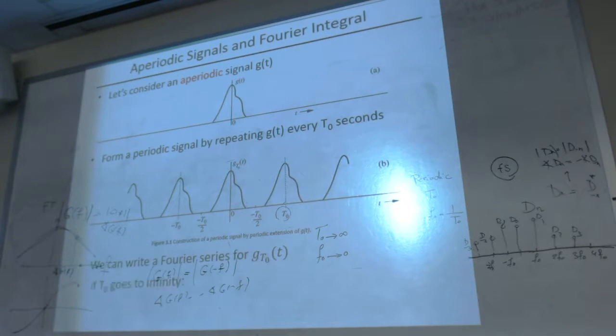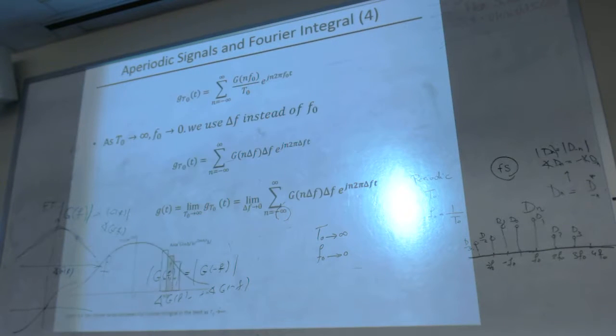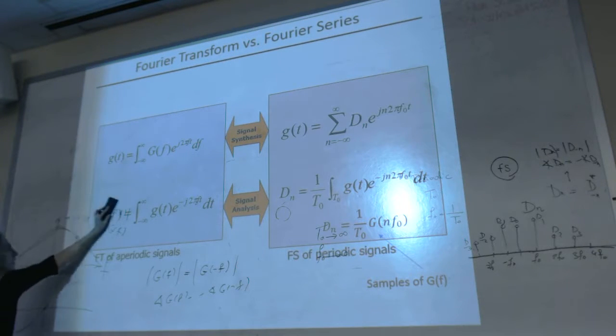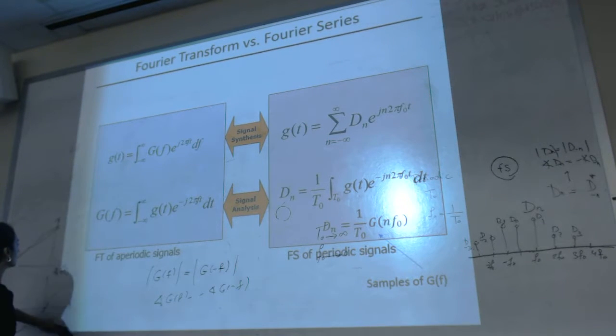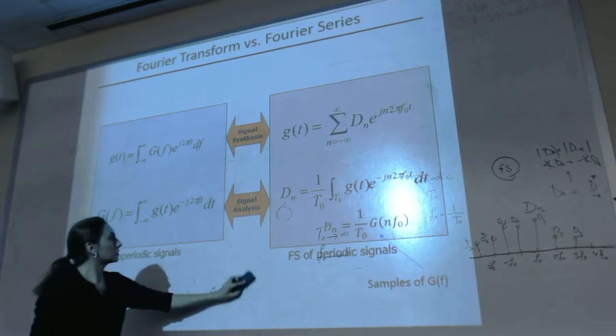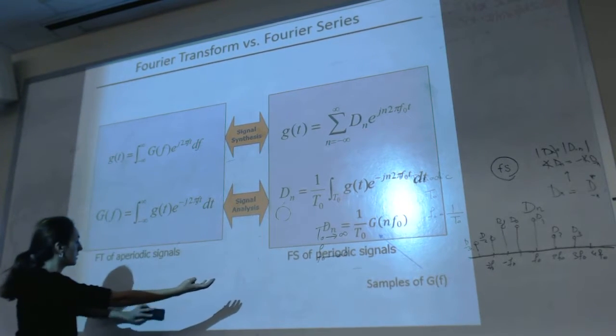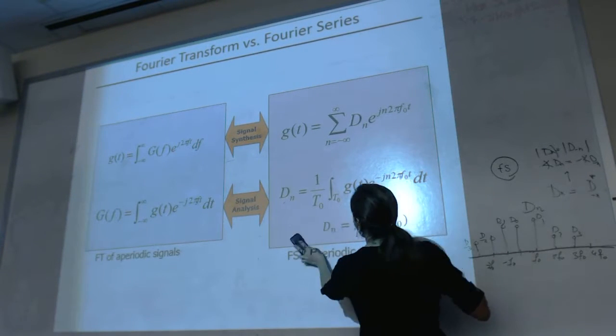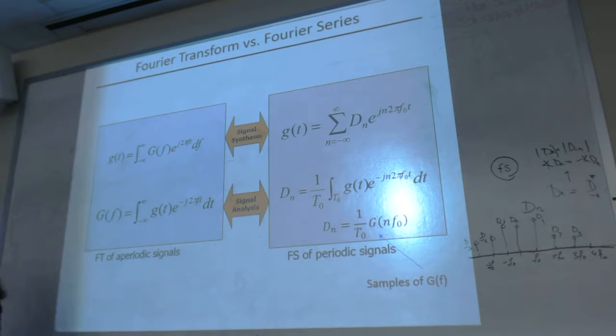Right, let's look at the formula. Let's put them back to back. This is what I like. When you put them back to back, you get a lot of things. This side is the Fourier series, and the other side is the Fourier transform. So let's see what's going on.